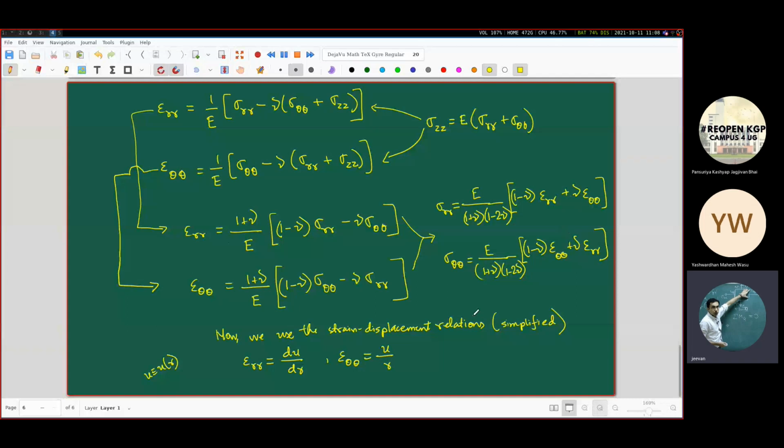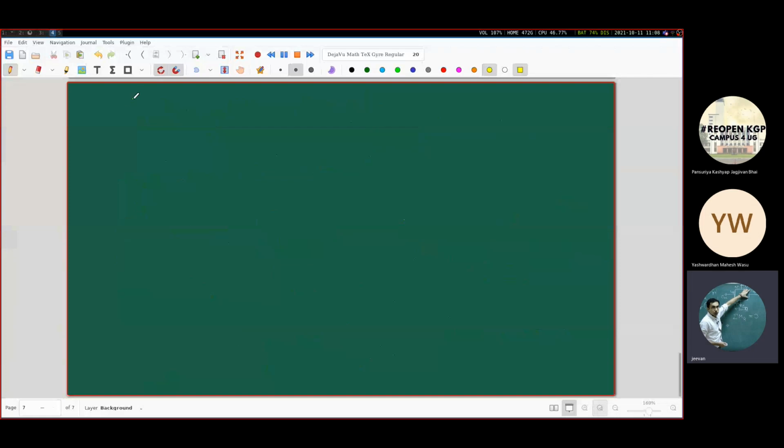And when we do that, we obtain for our sigma rr this thing.